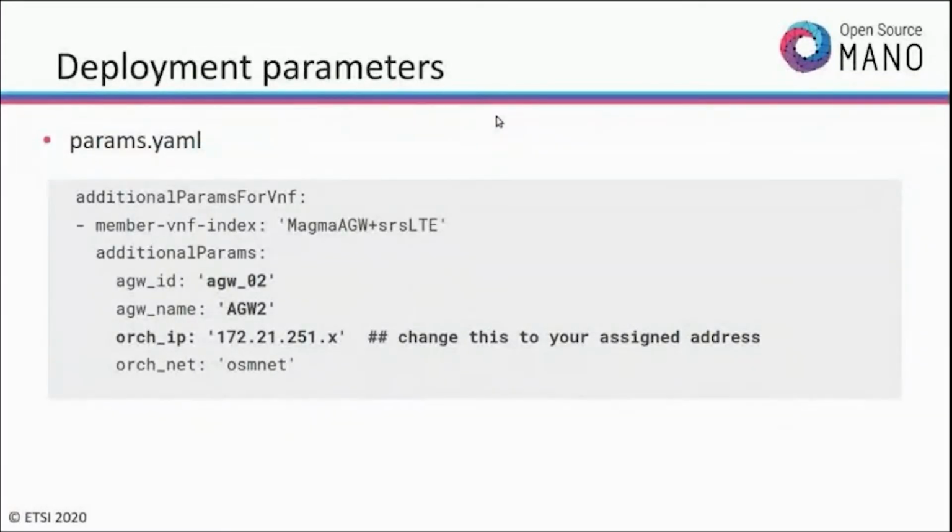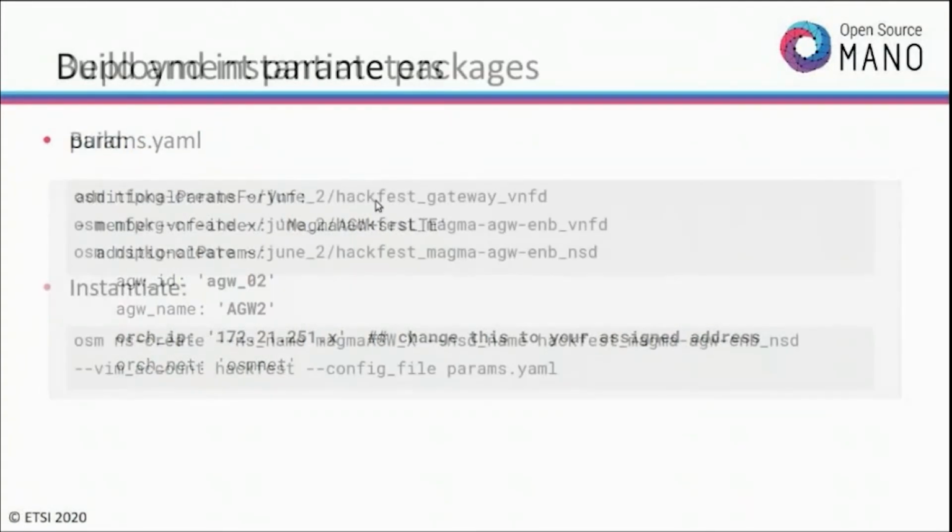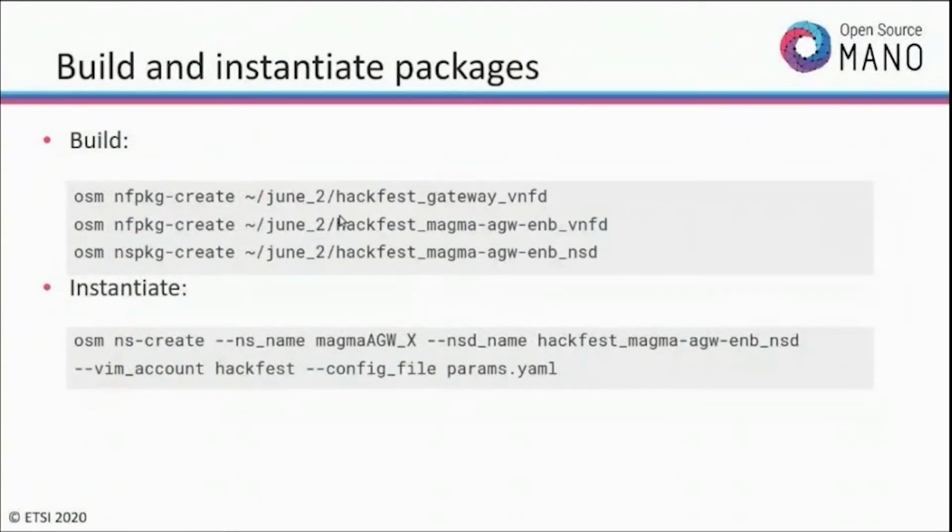Okay, so basically what we have to do is change the params.yaml with these new IDs, and with these commands right here, we could upload the packages. It's important, as we have uncommented some lines in the network service descriptor to include the gateway.